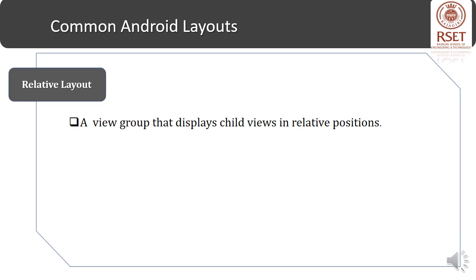Now, the position of each view can be specified relative to the sibling elements, such as to the left of or one below the other, or in positions relative to the parent's relative layout area, which means it can be aligned to the bottom left, to the left, or to the center.